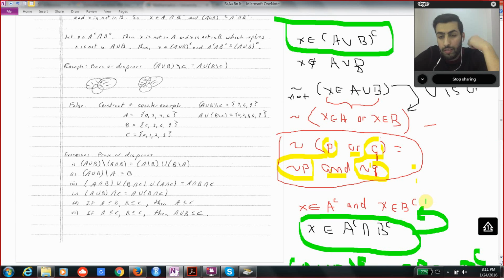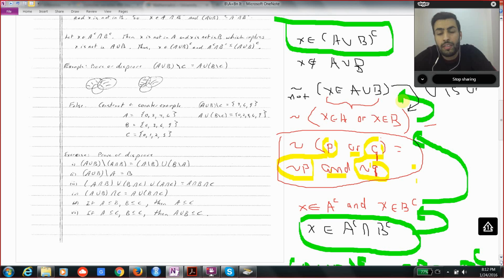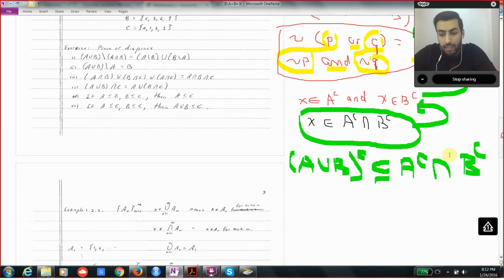This goes backwards also. If not P and not Q is true, then I can take the negation of the or, right? And this is obviously reversible because it's just the definition of union. And this is reversible because this is just rewriting the original statement. So notice I proved the other way too.